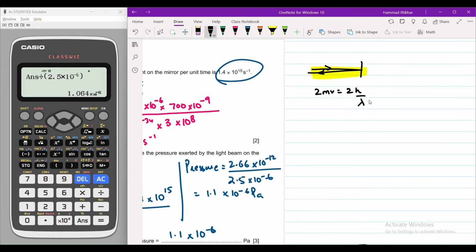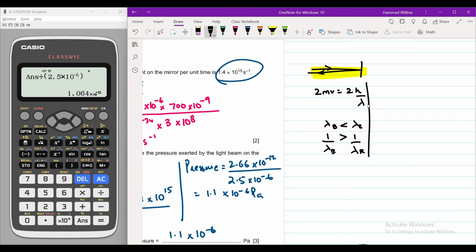This will be the general formula, but since lambda blue is smaller than lambda r, when we take the reciprocal, 1 over lambda blue will be greater than 1 over lambda r.